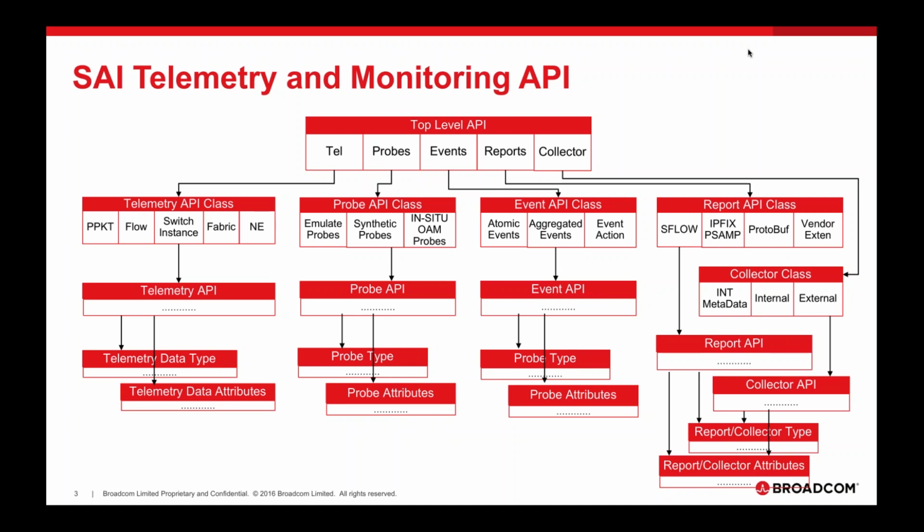So that will be an aggregated event where I have to apply a mathematical function to already monitored information or an event. And that's just one example. There are many other examples which we can capture.